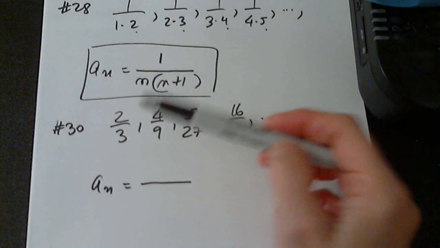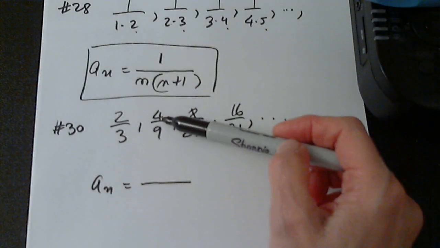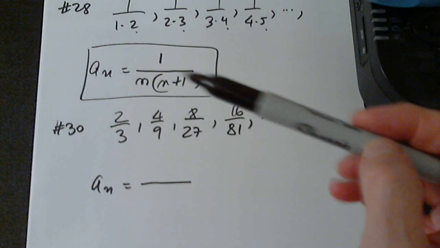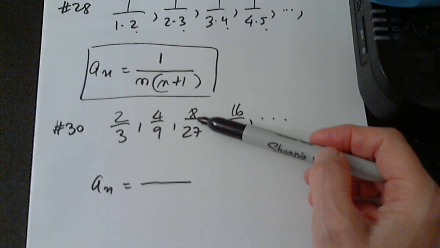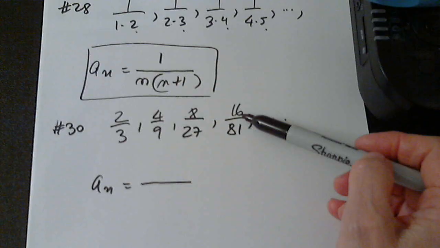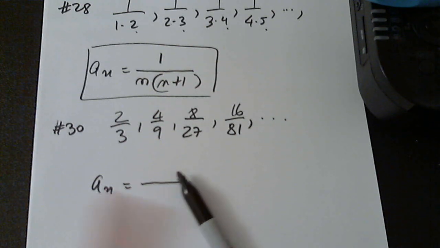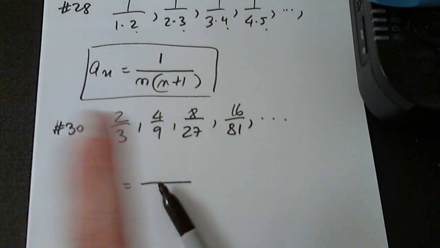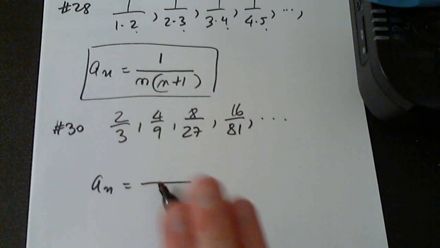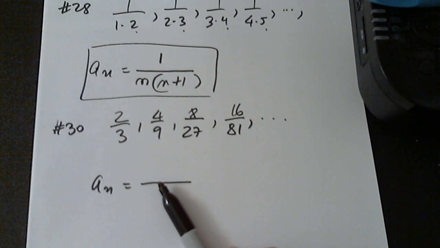Let's see the pattern here. 2, 4, which is 2 squared, 8, which is 2 to the 3rd, 16, which is 2 to the 4th. What do you think we should have at the top? When n is 1, I get this. When n is 2, I get this. When n is 3, I get this, and so on and so forth.